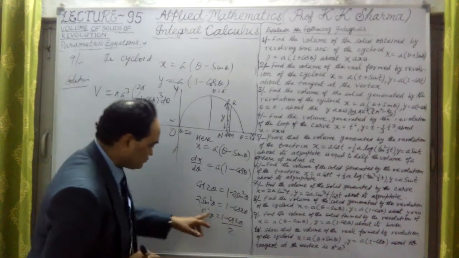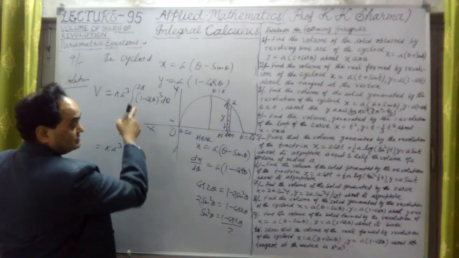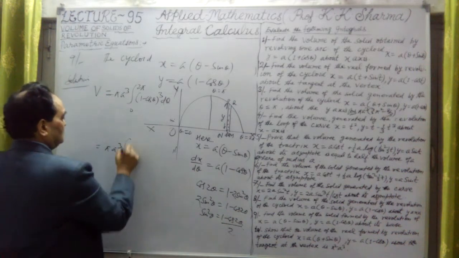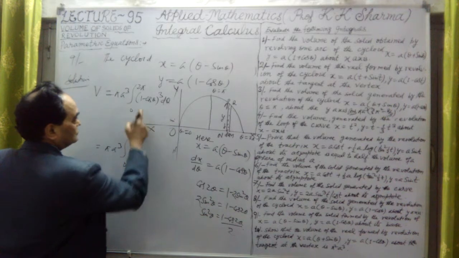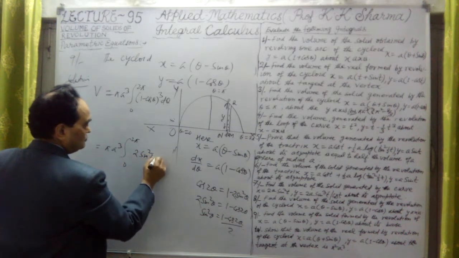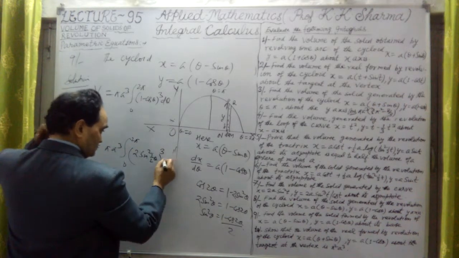That means 1 minus cos 2 theta equals 2 sin square theta. So 1 minus cos theta here will be 2 sin square theta by 2, from 0 to 2 pi, it is now 2 into sin square of half theta, whole cube, into d theta.